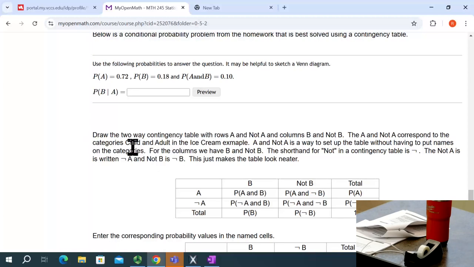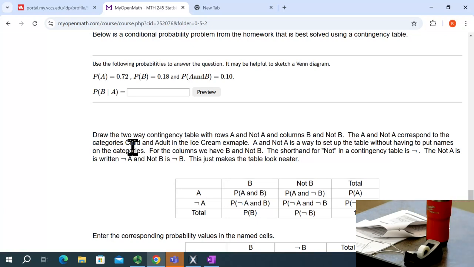Right? And one of their favorite problems looks like this. This is a conditional probability. The probability of B given A occurred. Right?